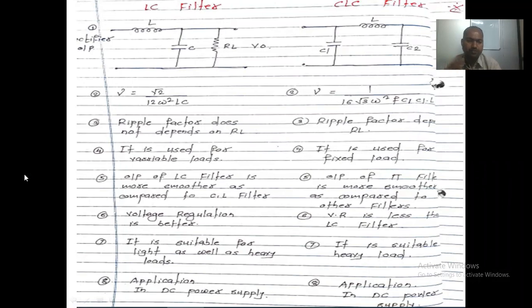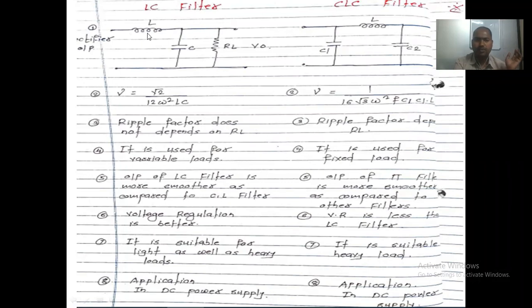Okay, now the next point: the output of the LC filter is smoother as compared to the CL type of filter. What do you mean by it? See, LC indicates that we use the inductor first, then the capacitor. In the case of the CL type of filter, the capacitor is used first and then the inductor, right? So what happens? When we use the LC components, LC indicates that the inductor is first.